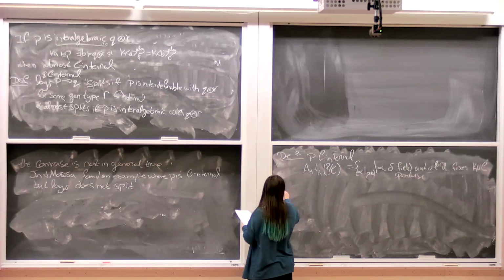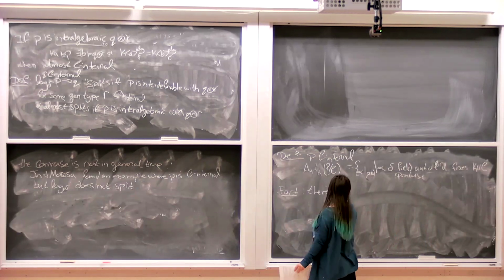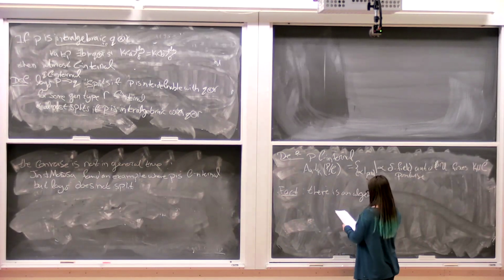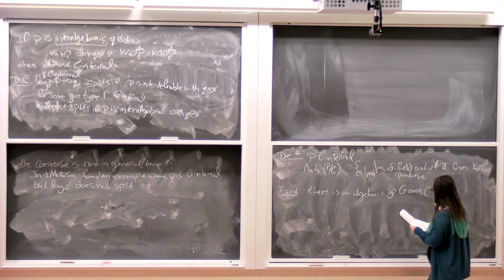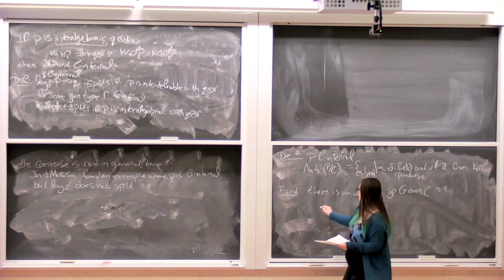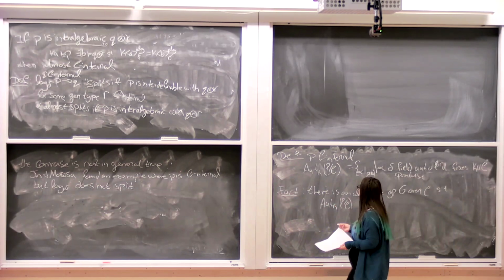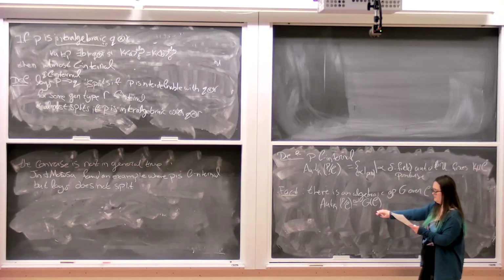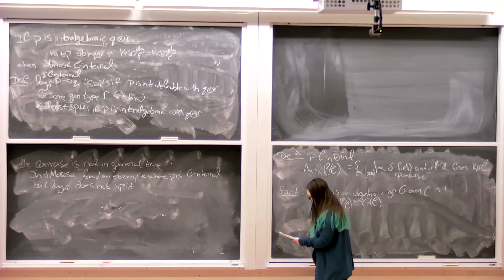Something nice about these binding groups is that there is an algebraic group G, given over the constants, such that as abstract groups, we can think of our binding group as being the constant points of this group G. So we can think of this in terms of algebraic groups.